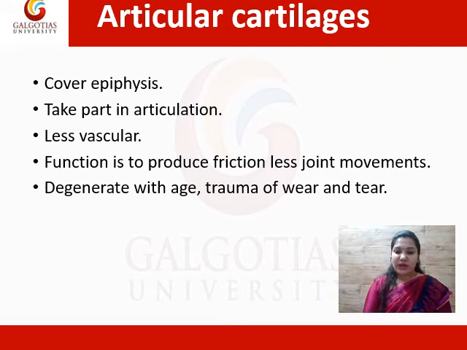It has a function to produce frictionless joint movement. It provides cushioning over the joint, which gives a shock absorbing property as well as frictionless joint movement, and it degenerates with age, trauma or wear and tear.